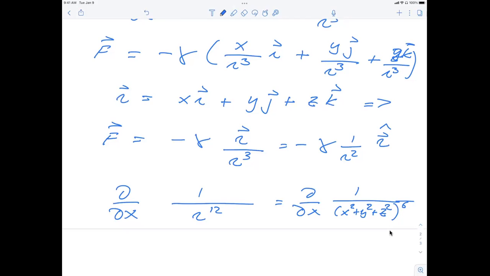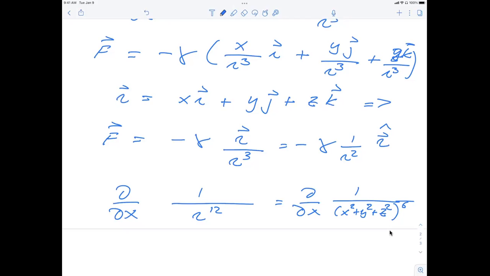So it's not the most exciting thing to do, but it's useful to have done it because you get an analytical expression for the force. And then the next step is actually to calculate the curl of this force. And you would proceed the same way.